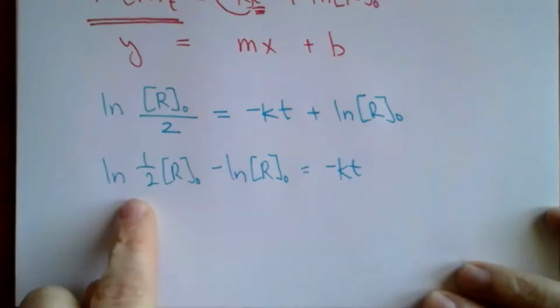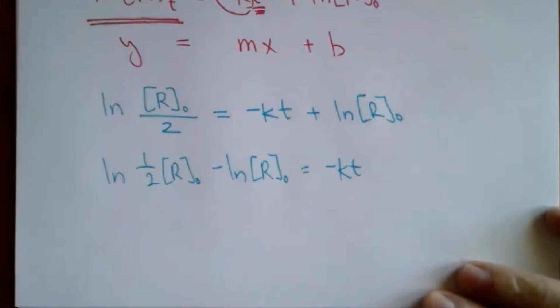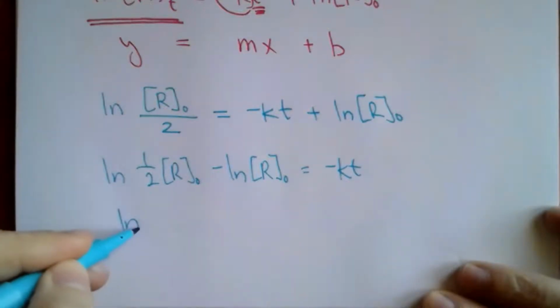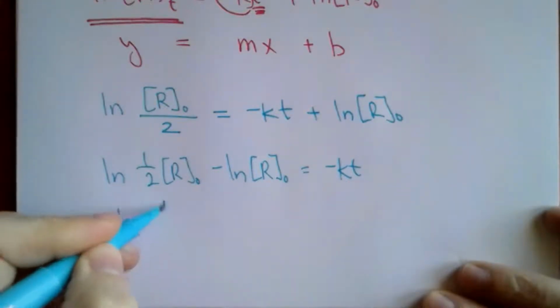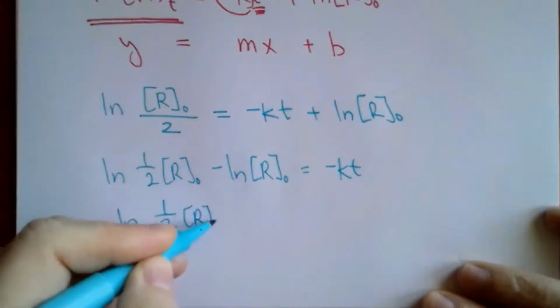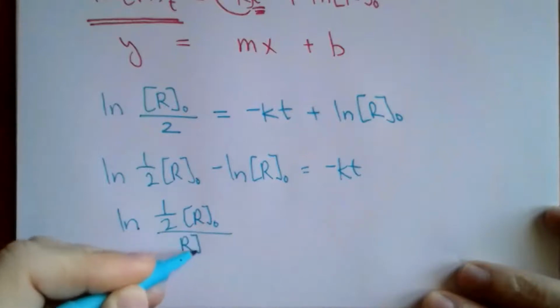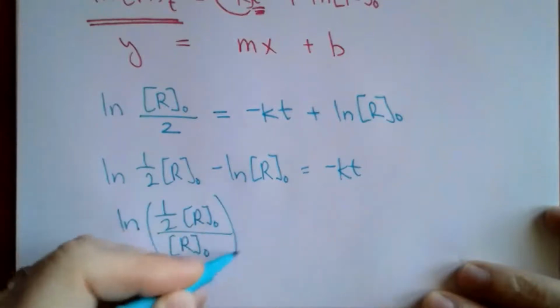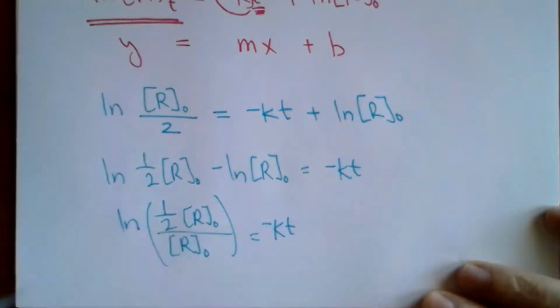Subtracting ln's is like dividing. So ln of 1/2 R0 over R0 equals negative kt. Cancel out my R0, ln of 1/2.